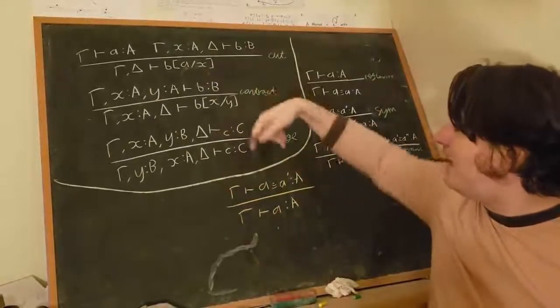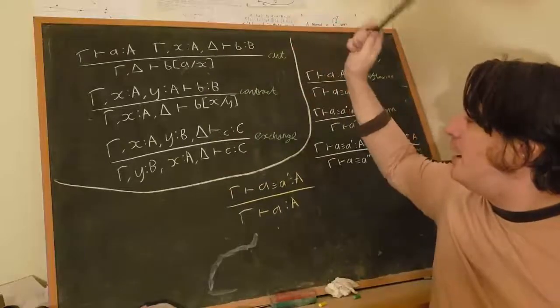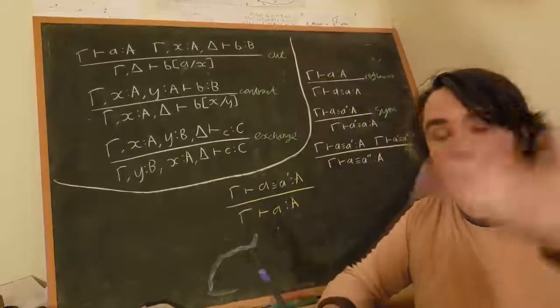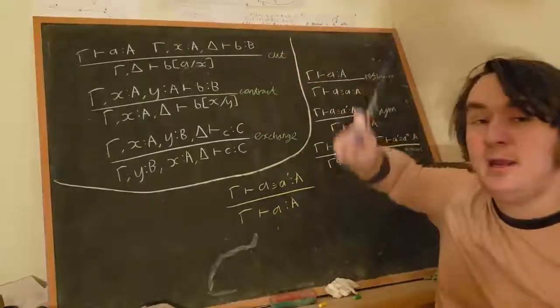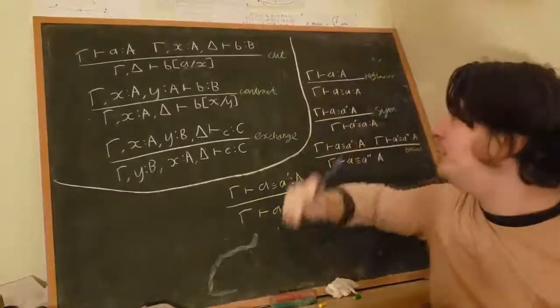Now, there's a bit of a caveat here that I'm not going to make a big deal of. I am linking in the description to a document I wrote which goes through this type theory in much more careful detail.